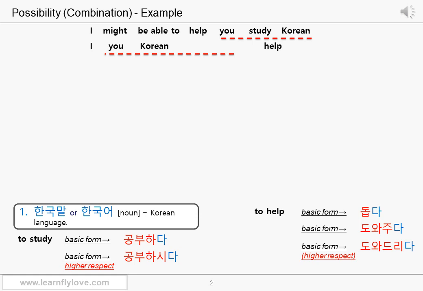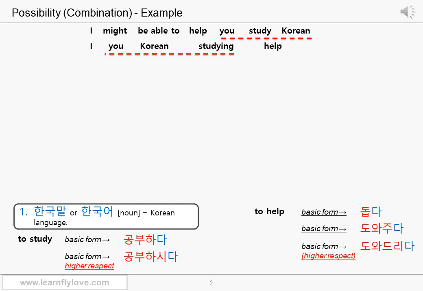But as we told you, this clause is going to be used as an object. Therefore, it must have a noun form. So let's put the gerund studying instead of the verb study. And then you need to add a grammatical element which indicates the ability and expresses possibility to the end of the verb help in Korean.